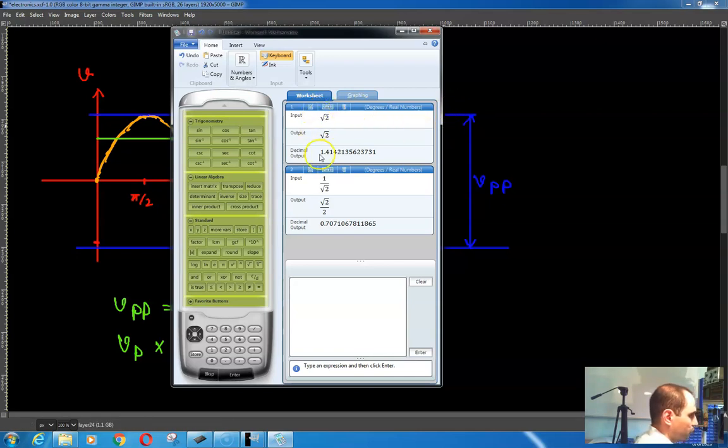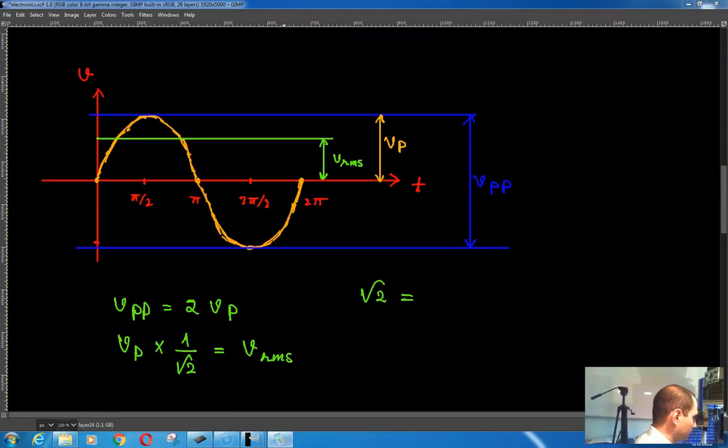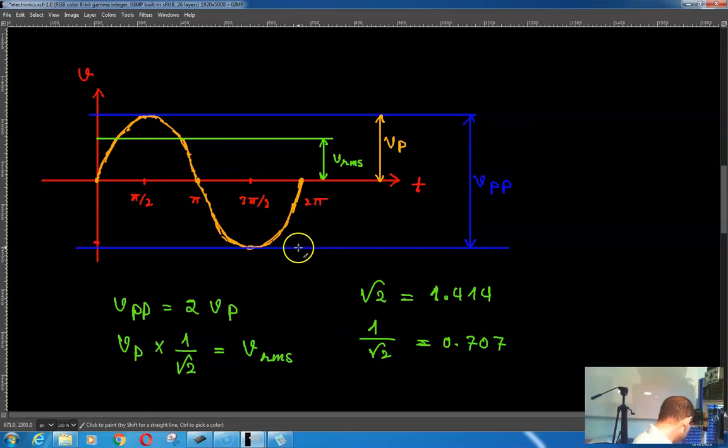So the square root of 2 is 1.414, and 1 over square root of 2 is 0.707. You can always use this in calculation, right?